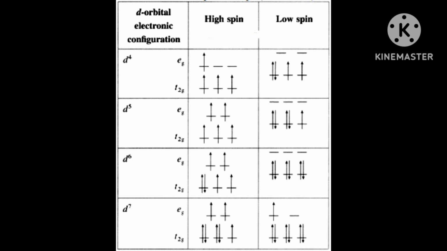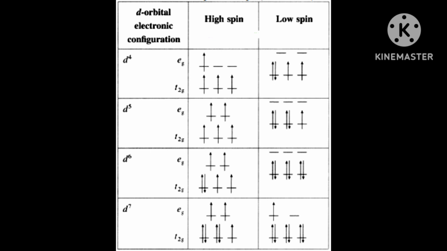You are comparing with the average. The first two went more than average and these three went less than average, relative to the average energy in the spherical crystal field. A spherical crystal field has an average energy, then 2 went above the average and 3 went below it.